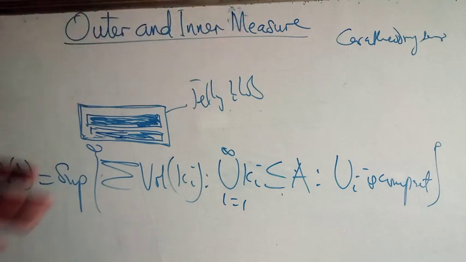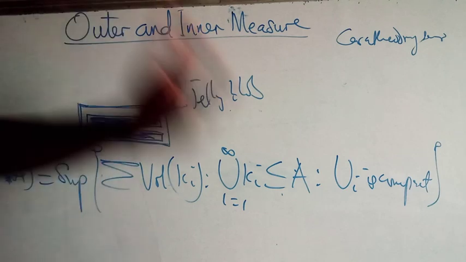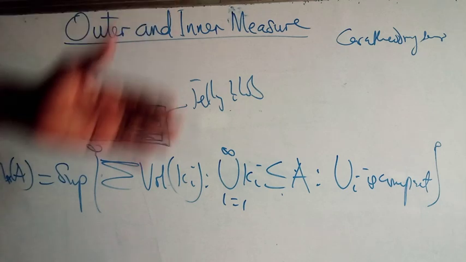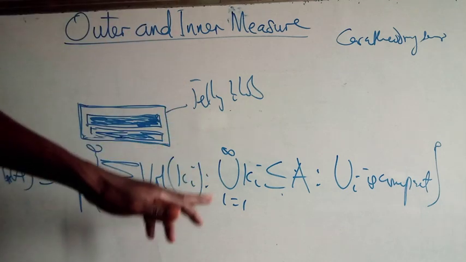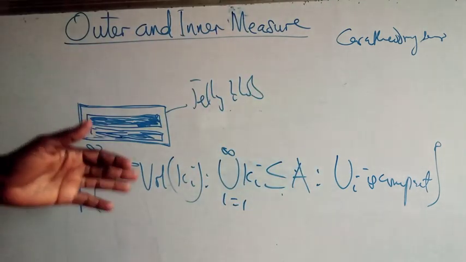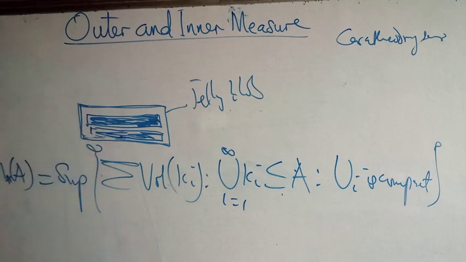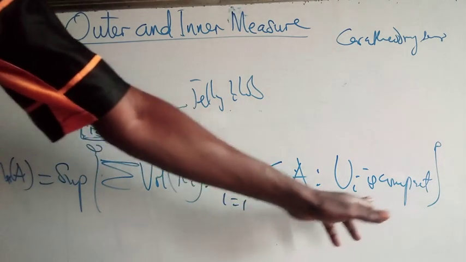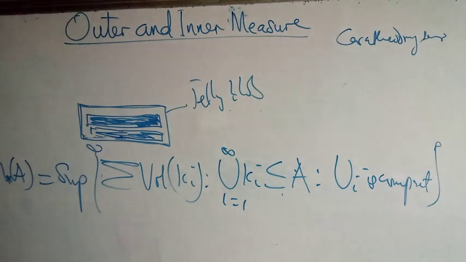In the case of outer measure, the infimum of the total measures of the covers is usually taken, while in the case of the inner measure, the supremum of the total measure of the cover is taken. In the case of outer measure, our covers are usually open and countable. But in the case of the inner measure, our covers are usually compact. So these are the distinct differences between outer and inner measure of a set in measure theory.